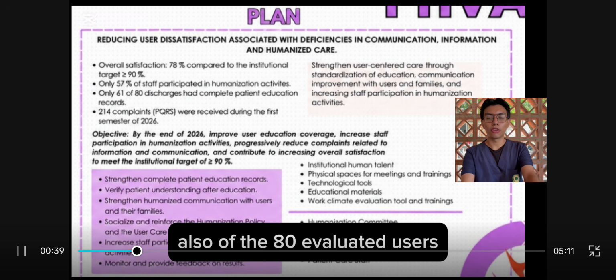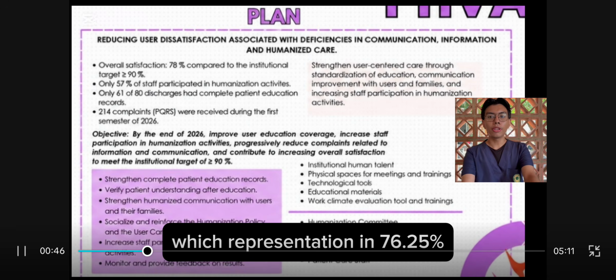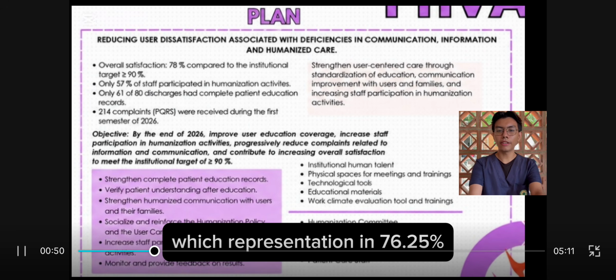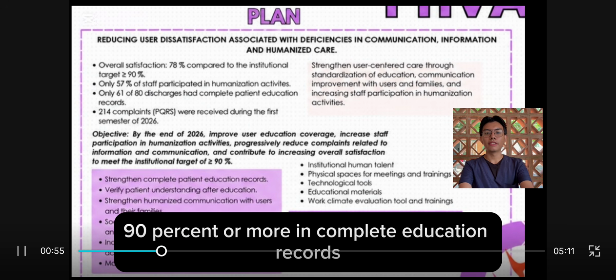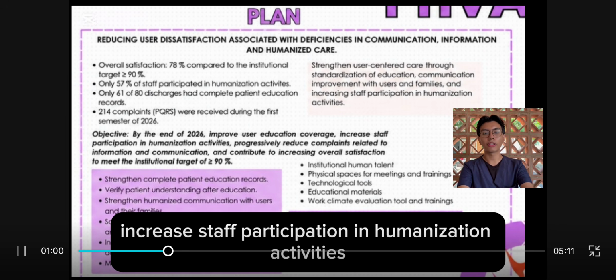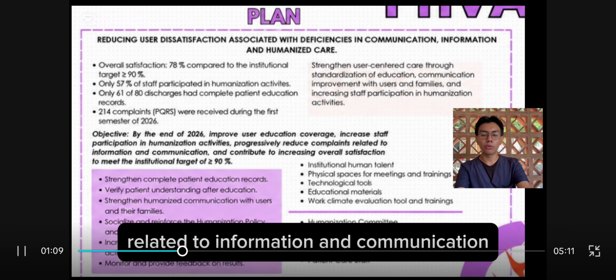Also, of the 18 evaluated users, only 61 had a completed education record, representing 76.25%. Our objectives are to reach 19% or more, increase completed education records, increase staff participation in humanization activities from 57 to 80%, and progressively reduce complaints related to information and communication.